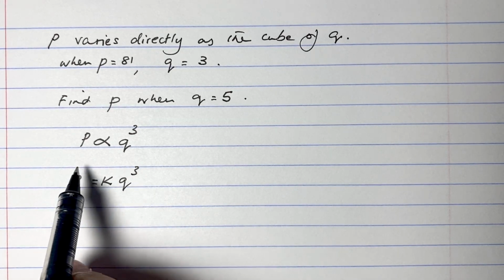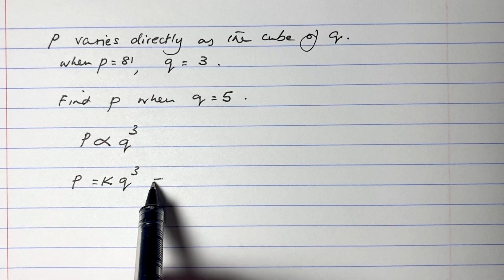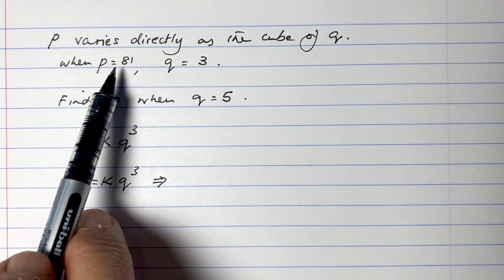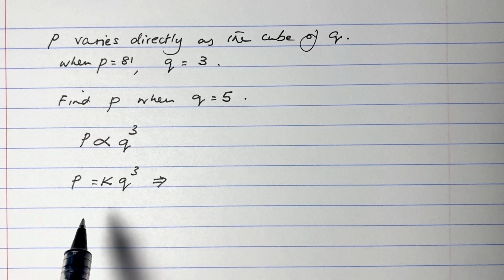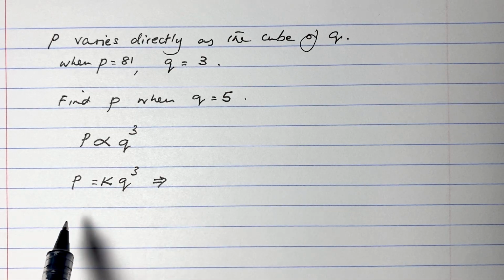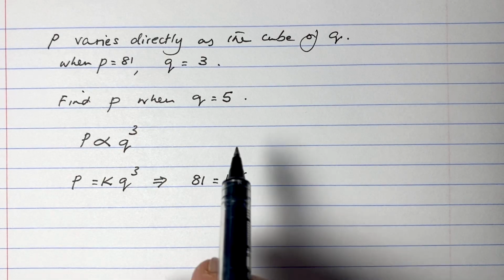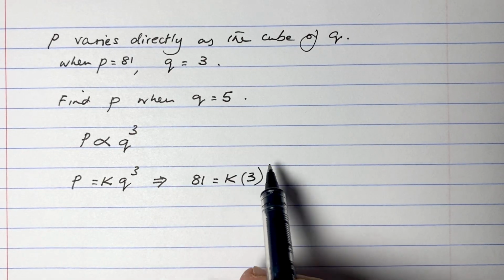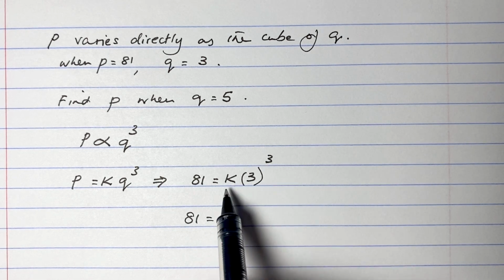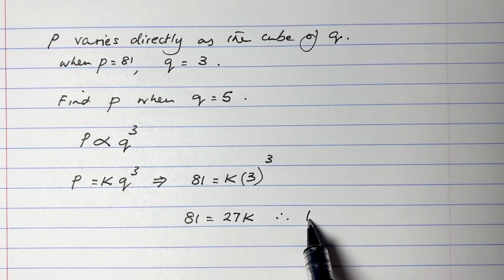So this is now a formula connecting P and Q. Here I need to use the boundary conditions where I know the value of both P and Q in the formula, so I can find the value of constant K. So here 81 for P, K, and Q is 3 to the power of 3. So 81 equals 27K. If you divide by 27, K would be 3.